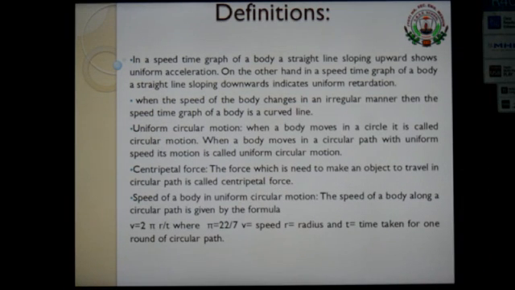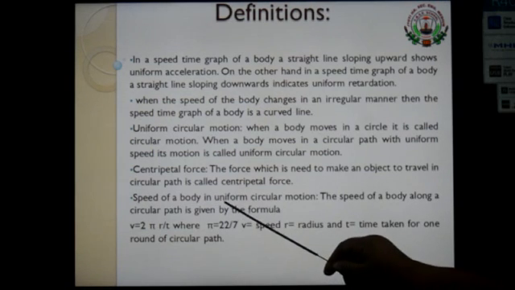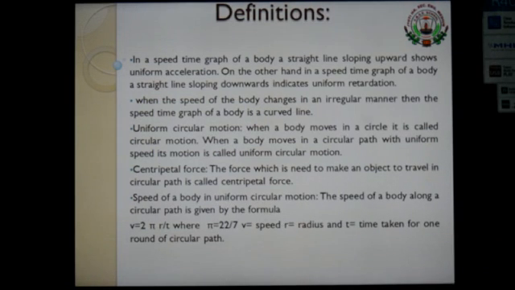Now, how to calculate the speed of a body in uniform circular motion? If a body moves in a circular path, it covers a distance which is equal to the circumference of the circle.